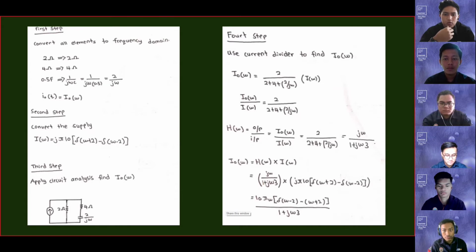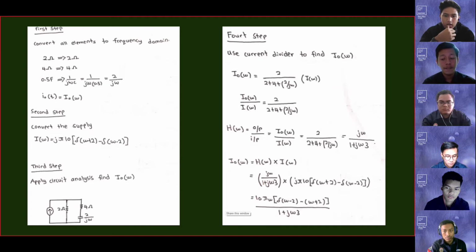As we know, the transfer function is output over input. For this equation, the output is I naught omega and the input is I omega. When we simplify the equation, we get j omega over 1 plus 3 j omega.